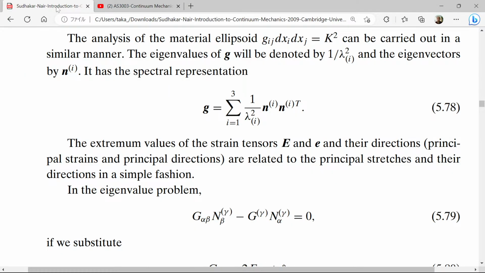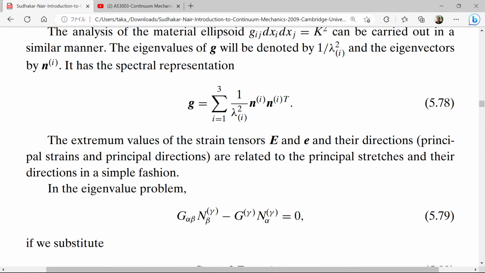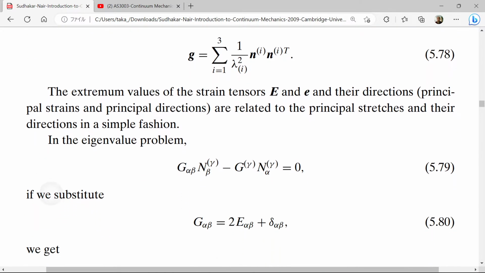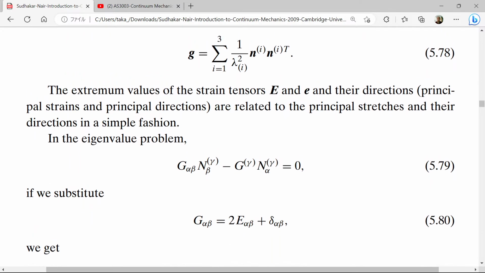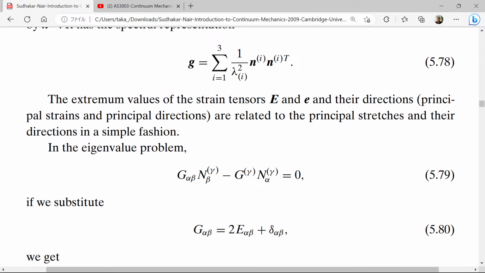Then now we finished this spectral representation on page 62. So we go ahead. The extreme value of the strain tensor E and small e and their directions, principal strains and principal directions, are related to the principal stretches and their directions in a simple fashion.